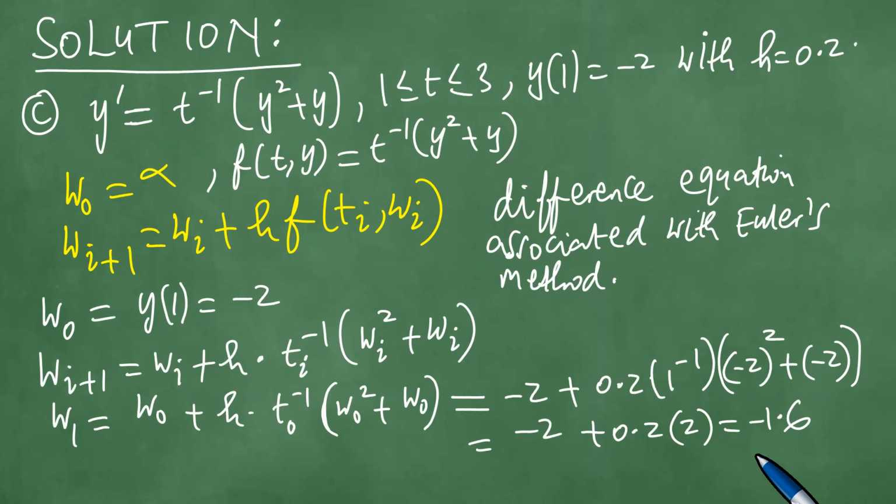But we have a bit more iterations to compute, or a couple of the approximation steps. So this means W1 is minus 1.6.